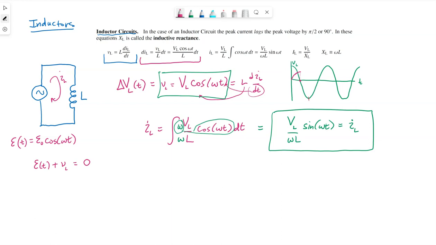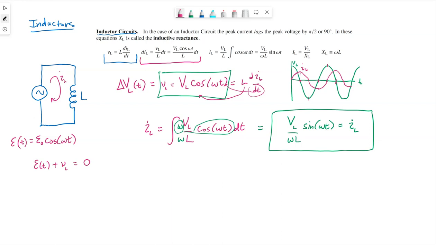When the voltage is a maximum, both a maximum negative value or a maximum positive value, the current is 0. So here it would be its peak again, here it will be 0 again, here it's going to be a peak. So we get a sine function describing the current.